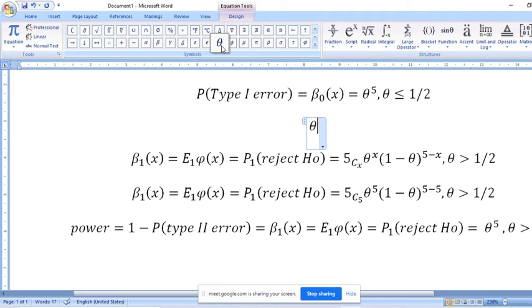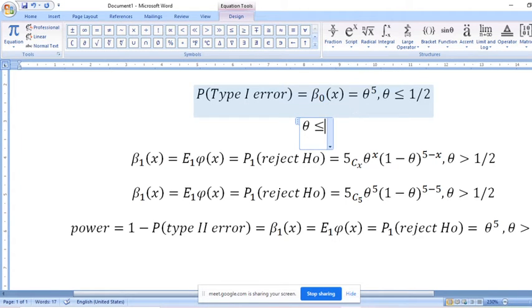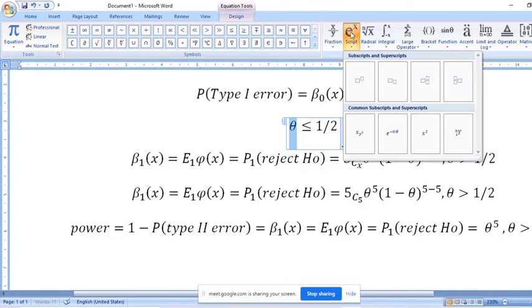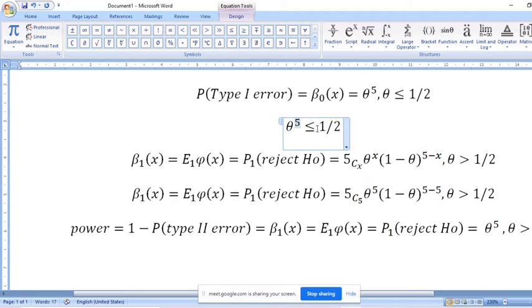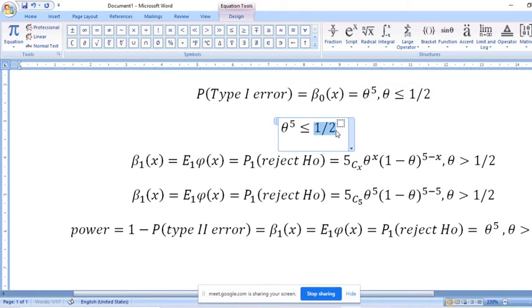Theta raised to 5 will be less than or equal to 1 by 2 raised to 5.